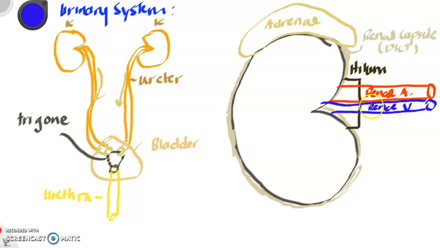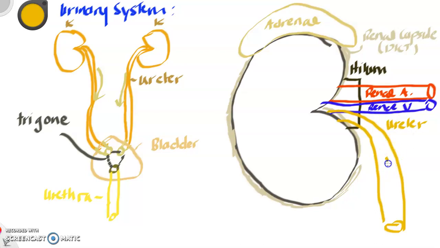And the renal vein brings blood out of the kidney, go over to the vena cava, the inferior vena cava. The next thing that comes out, or the other thing that comes out of the hilum is this guy. And this is the ureter. So this is going to take actual urine down to the bladder to be excreted from the body.